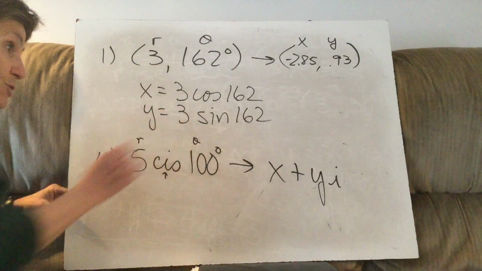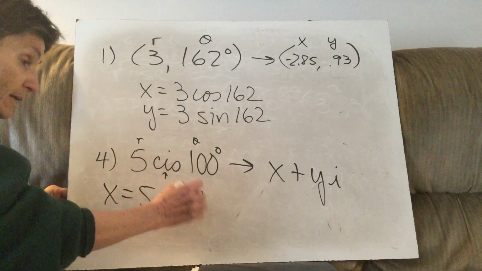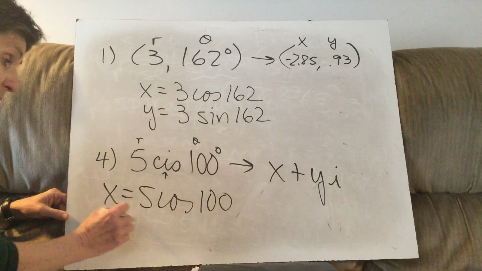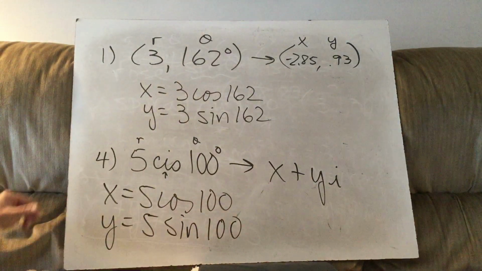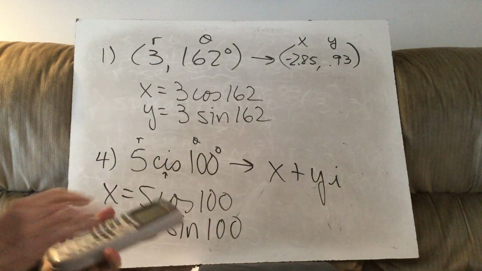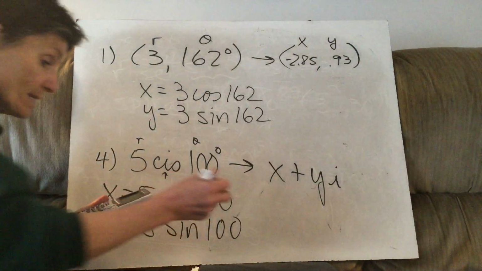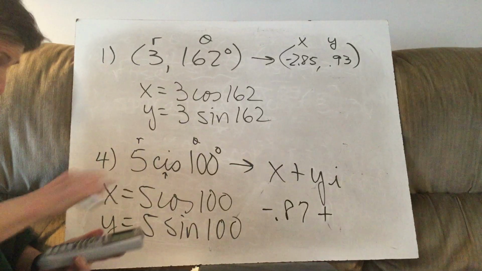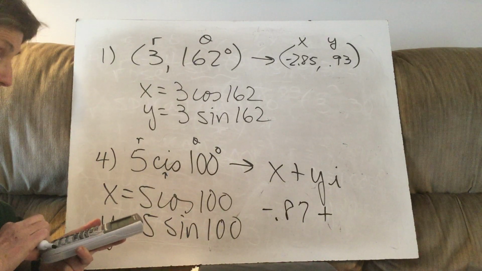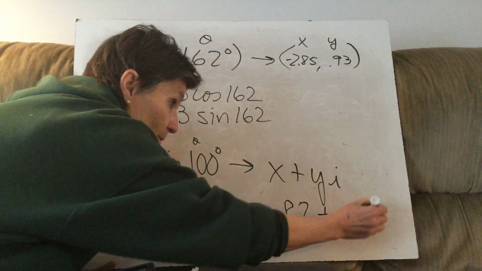This is your r and this is your theta. So x is going to be 5 cosine 100, and y is going to be 5 sine 100. I'm going to type it in exactly like I typed it in before, so I get negative 0.87 plus 4.92i.